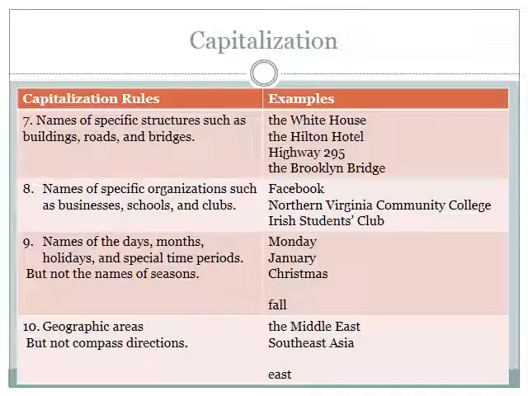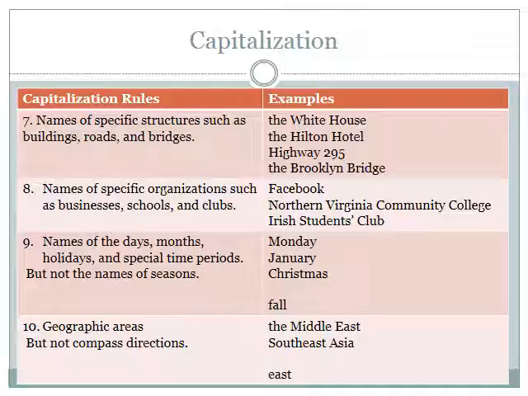Northern Virginia Community College is the name of the school. Okay, if we just say community college, we're not going to capitalize that. But if we're talking about the name, we will capitalize it. And this one, the Irish Students Club. If we're just using the word club, we won't capitalize it. But if we're talking about the name, we have to capitalize it.